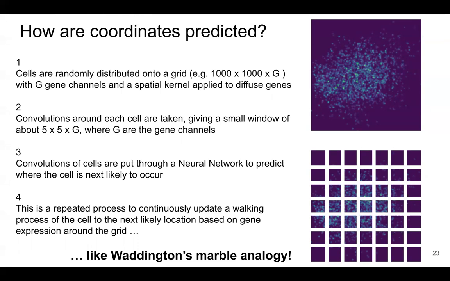Now you can imagine each gene has its own image as represented in the top. And so if this grid is of 1,000 by 1,000 units, then the G channels or gene channels essentially would distribute this information over those G genes, and essentially creating a sort of image of 1,000 by 1,000 by G.